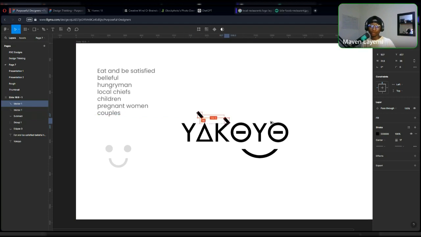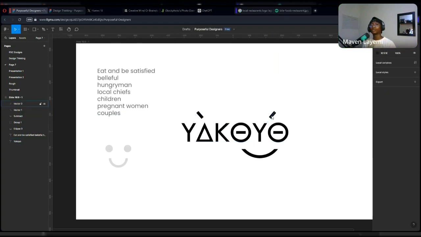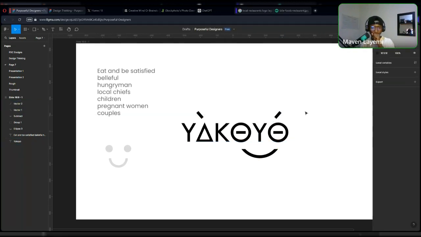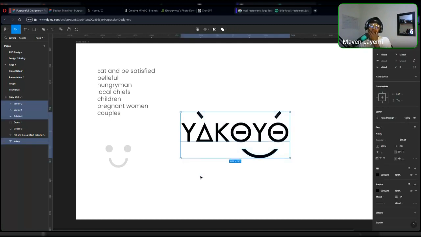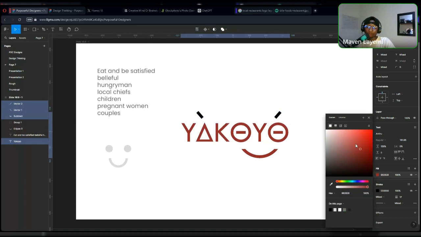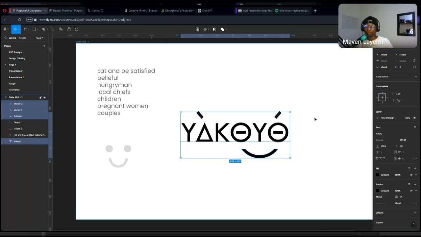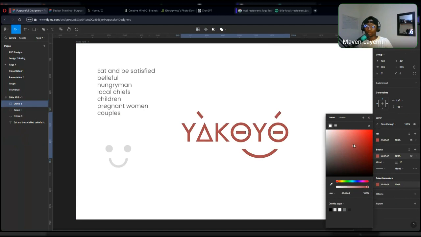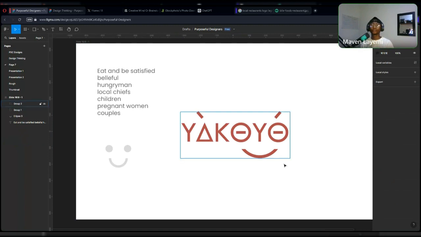So Ray does not have any sound. So this is Mi. Yakoyo. And then let's look at the color. You can try to use maybe something like brown. Let me select our color. So let's say this is our logo.